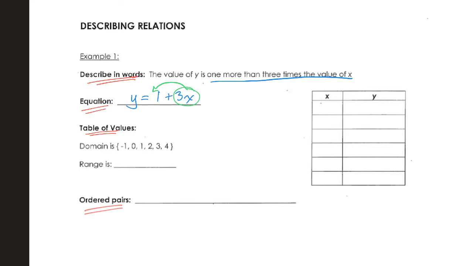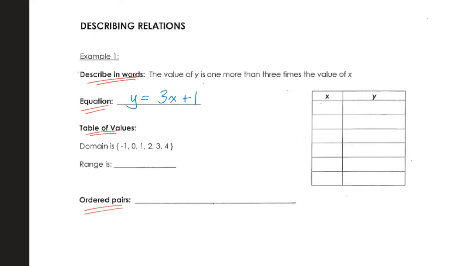So what you'll tend to see is that 3x term written first. The most common form of that equation would be y equals 3x plus 1. The value of y is 1 more than 3 times the value of x.